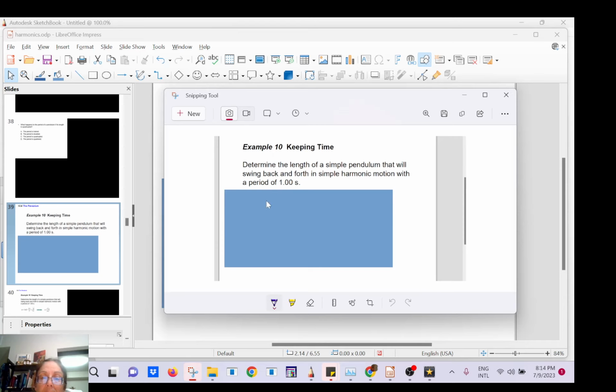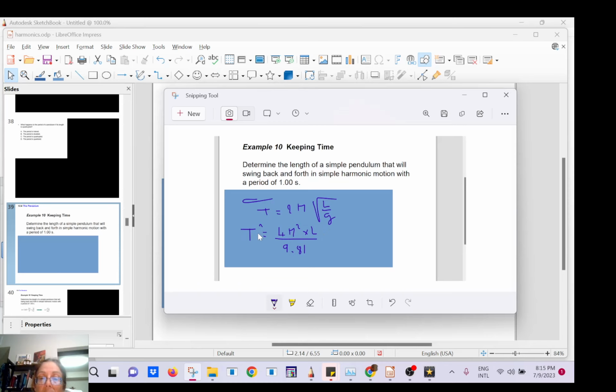I think this one is easy. So you have the period, T equals 2 pi times the square root of L over g. Let's square both sides. So T squared equals 4 pi squared times L over 9.8.